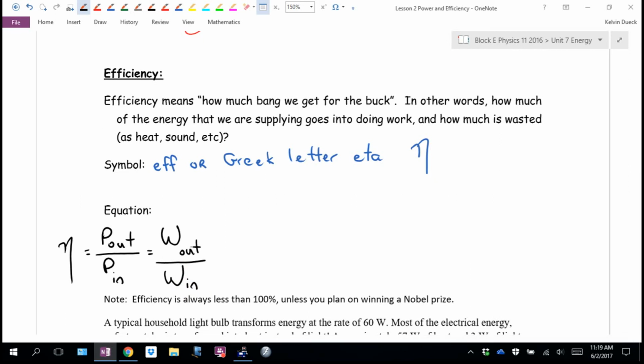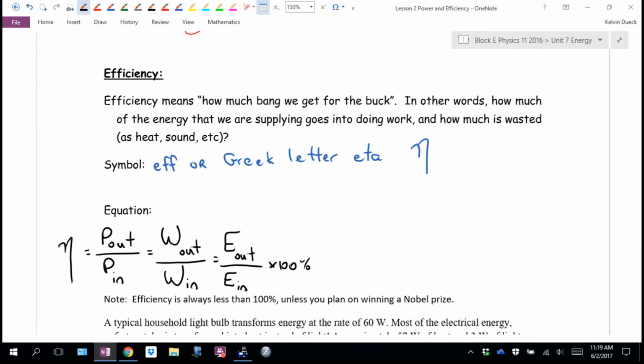Or, we haven't talked about this yet, but I'll stick it in there, energy out divided by energy in. That'll give you a decimal, and then you multiply by 100 to change it into a percent. The same way as when you figure out your test percentage, you get a decimal on your calculator, and then you times it by 100 to make it a percent. No one memorizes that. Well, I mean, you can.